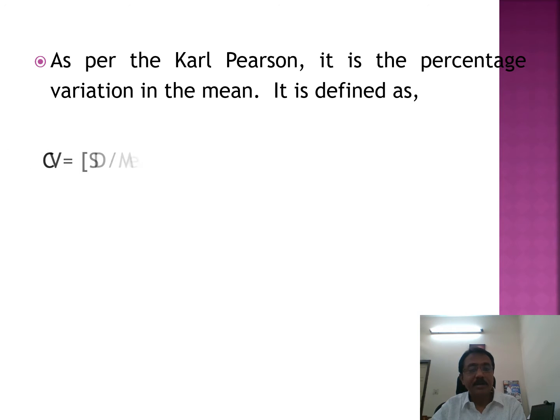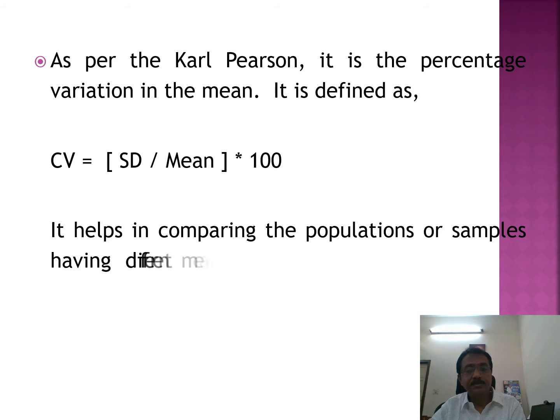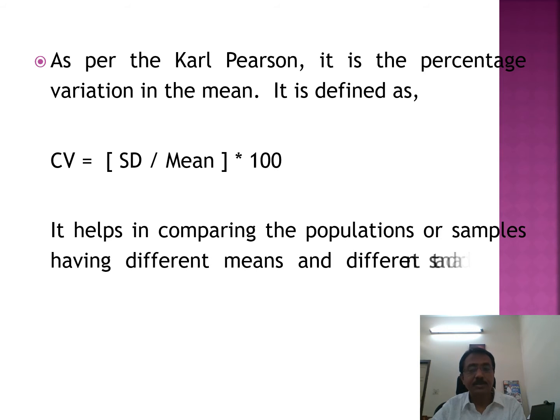It is defined as coefficient of variation equals standard deviation divided by mean, into 100. It helps in comparing populations or samples having different means and different standard deviations.